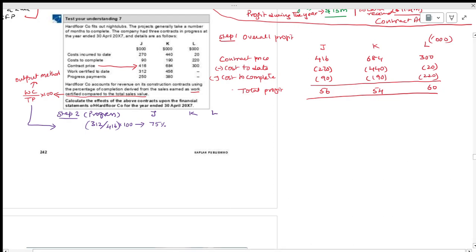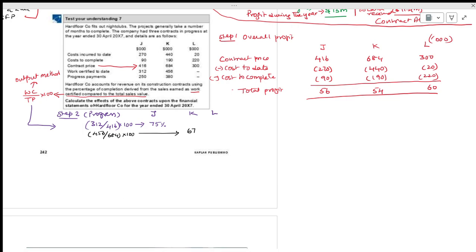This is for J. Now I'm putting for K. K is how much? 456 divided by contract price 684 times 100. 66.66.